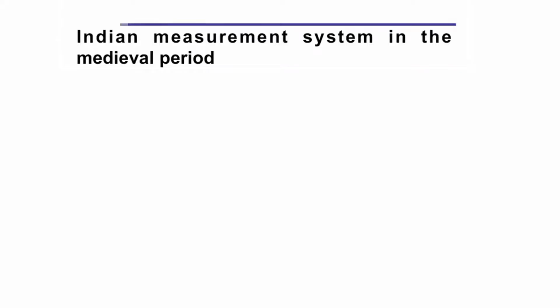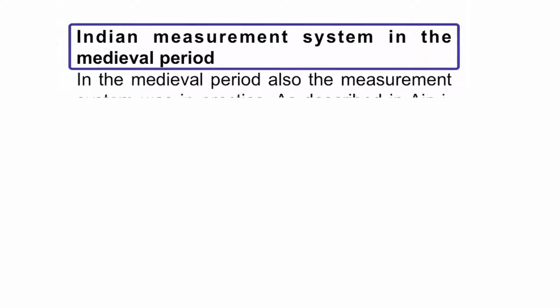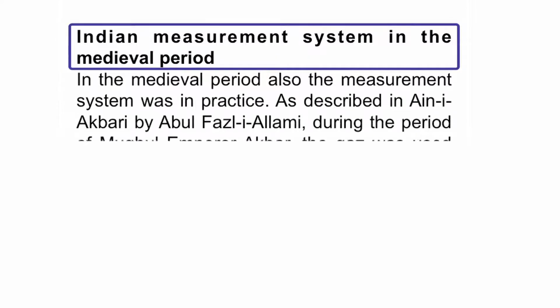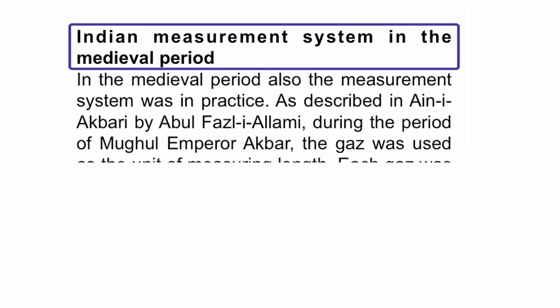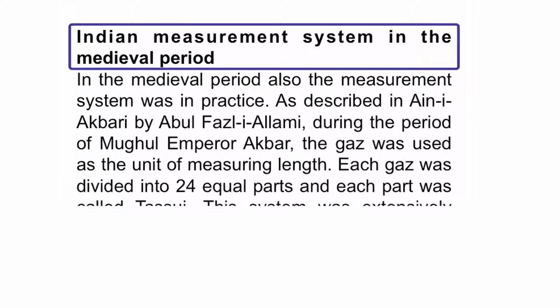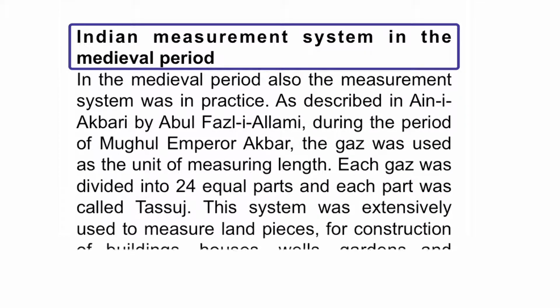Indian measurement system in the medieval period. In the medieval period also, the measurement system was in practice. As described in Ain-e-Akbari by Abul Fazl-e-Ilami, during the period of Mughal Emperor Akbar, the gaj was used as a unit of measuring length. Each gaj was divided into 24 equal parts and each part was called tasuj.